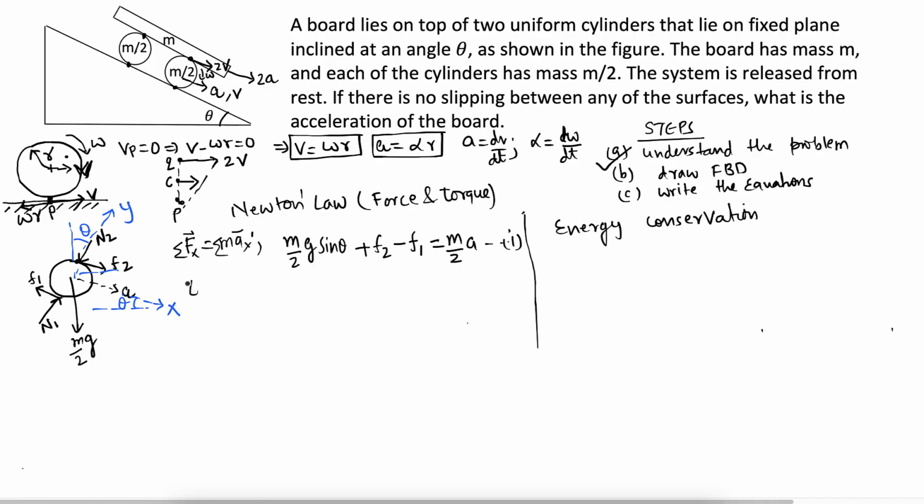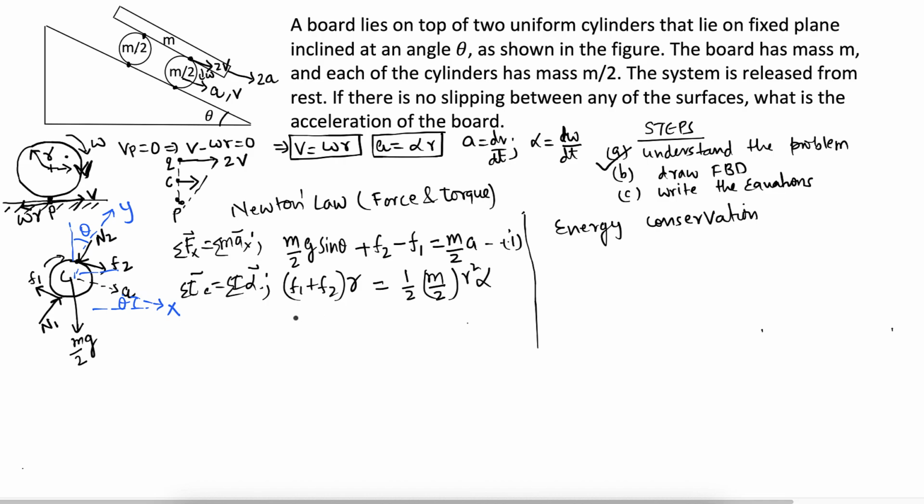Now using torque at C, let's say this is C, equal to I alpha. So you see F1 and F2 both are causing torque in this direction. So we can take F1 plus F2 into R. Let's say R is the radius for the cylinder, should be equal to I, which is half m by 2 R square, times alpha, right?